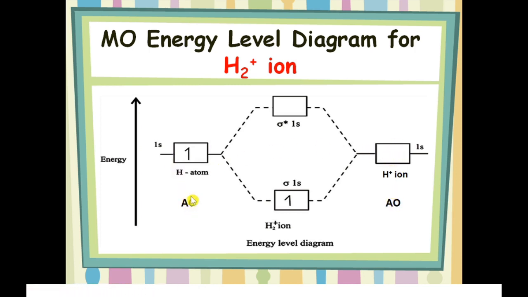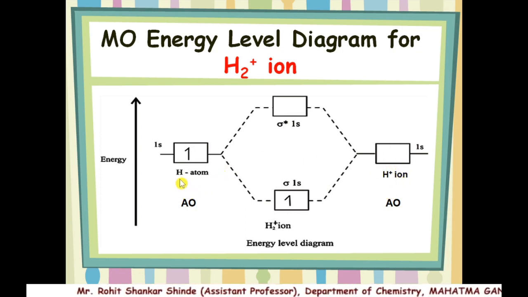This is the atomic orbital of the first hydrogen atom, and this one is the atomic orbital of the second hydrogen ion. The hydrogen atom consists of one electron in the 1s atomic orbital, while the hydrogen ion consists of 0 electrons in the 1s atomic orbital.